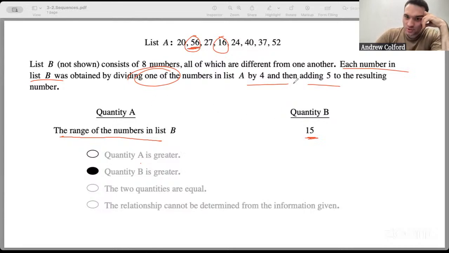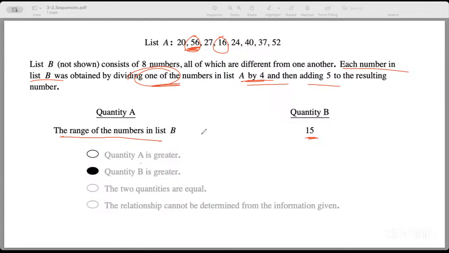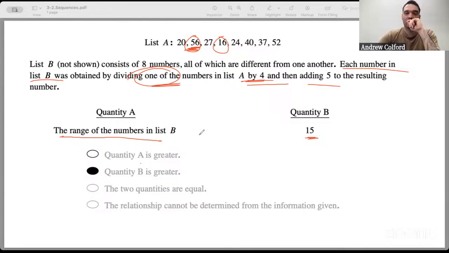The instructions are take one of the numbers in list A, divide it by 4, and then add 5. So for 56, what do I get when I divide by 4 and then add 5? 56 divided by 4 is 14, plus 5 is 19.